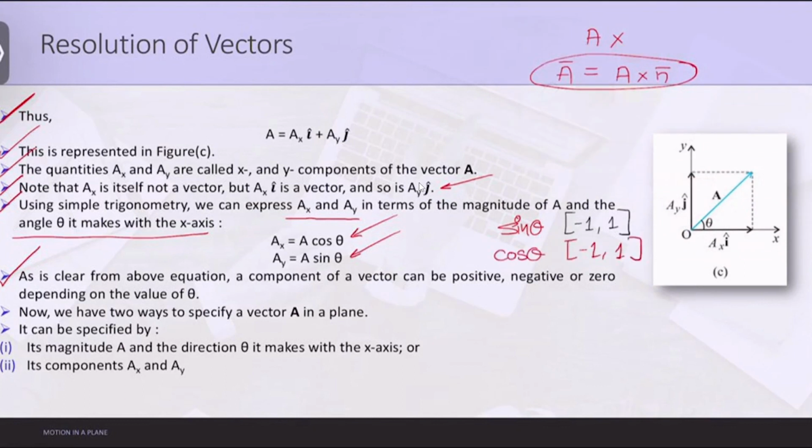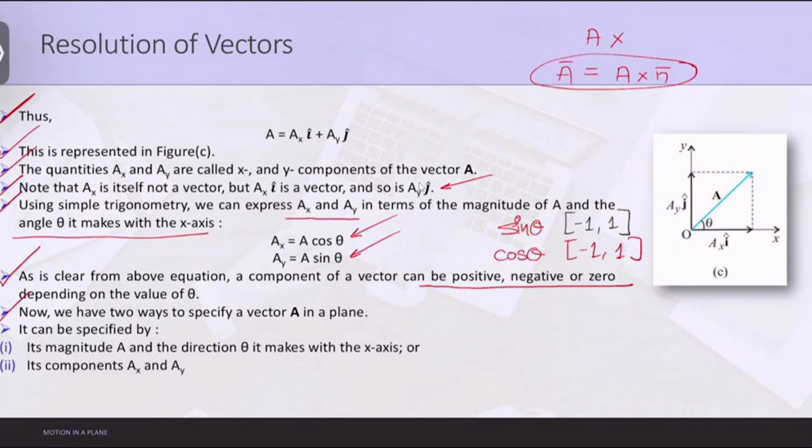So if A is positive and sin theta is negative, then AY can also be negative. Hence, these components of the main vector A can be positive, negative, or even zero. If theta is 0, then AY will be 0. If theta is 90, then AX will be 0.